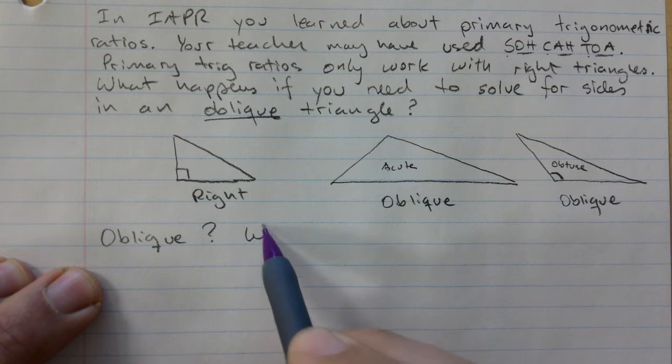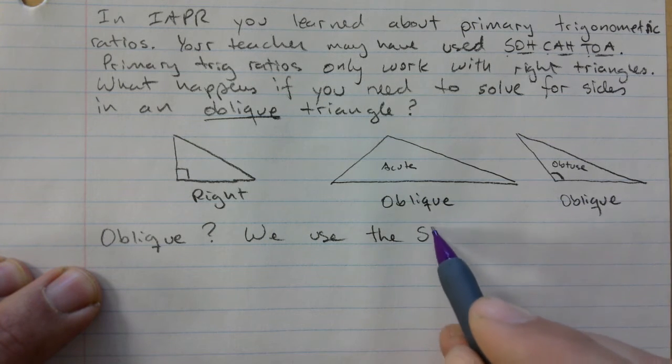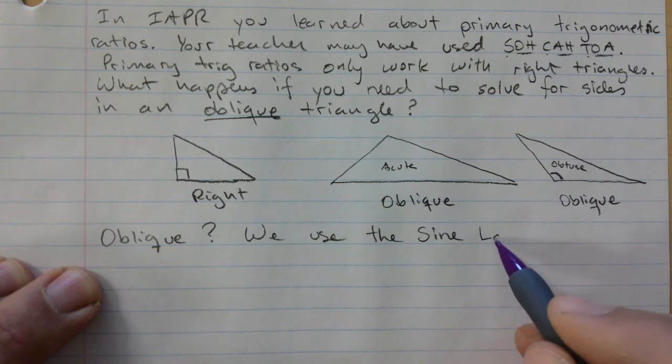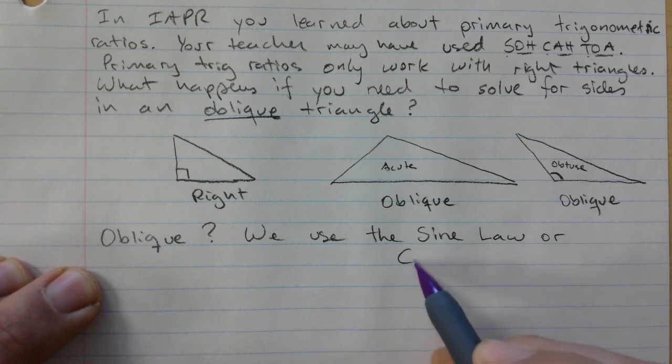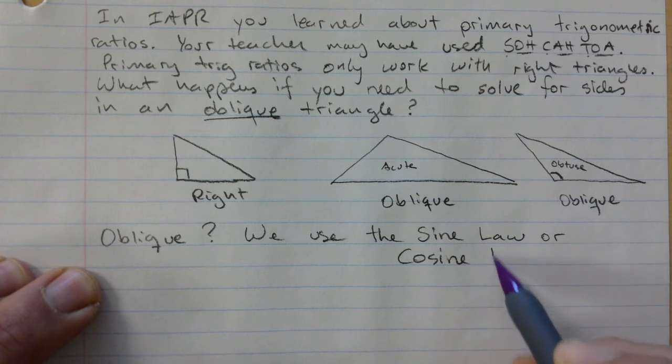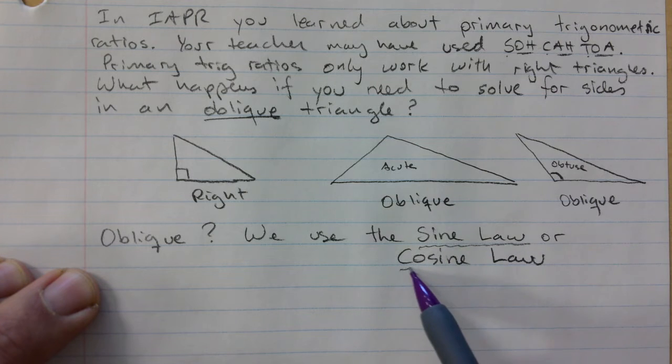Oblique, we use the sine law or cosine law. There's no such thing as a tangent law. It's only sine law, cosine law. Those are the only two that you need to know.